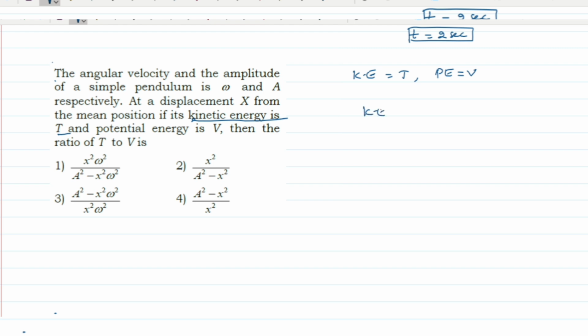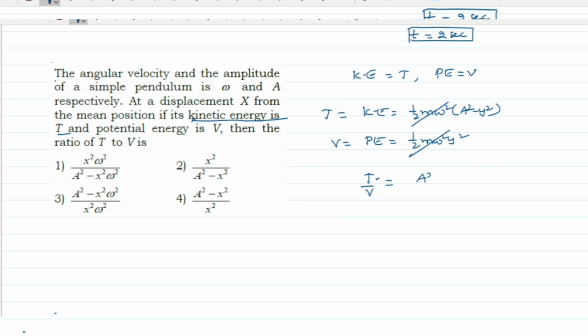The kinetic energy formula you know for a given displacement is half m omega square into a square minus y square. This value is given as T. The potential energy formula for a given displacement is half m omega square into y square, and this value is given as V. You just take the ratio, they are asking T by V, which will be equal to, half m omega square gets cancelled.